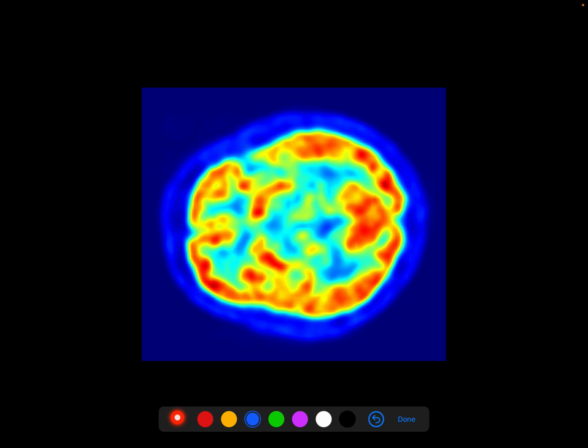Now, just to illustrate an example of a brain PET scan. A common tracer, and one which appears to be used here, is the glucose scan.